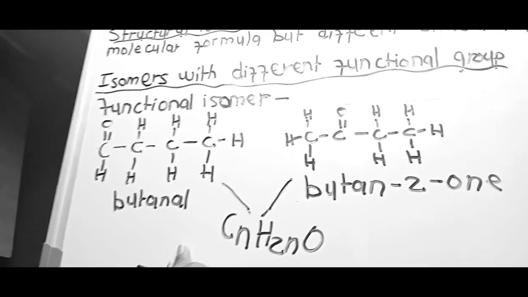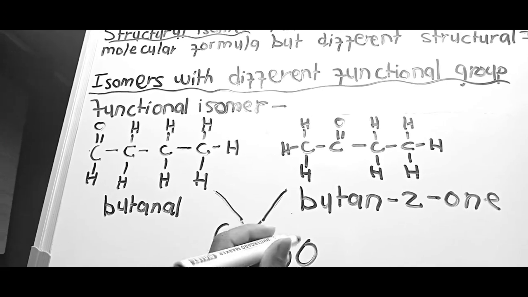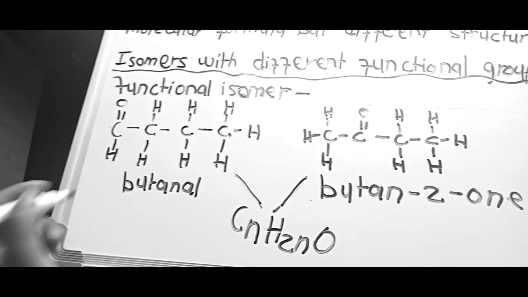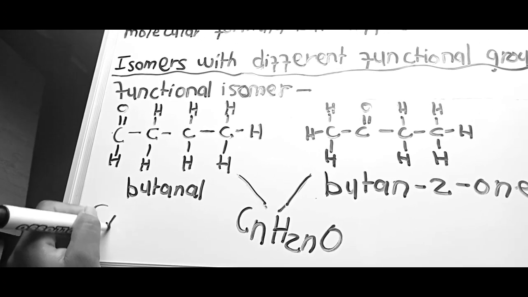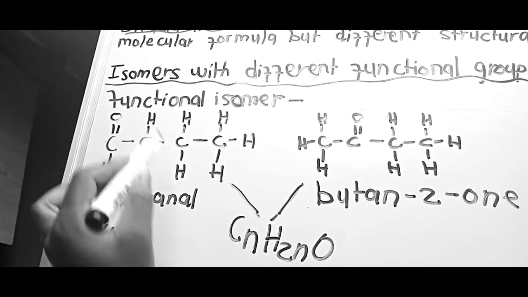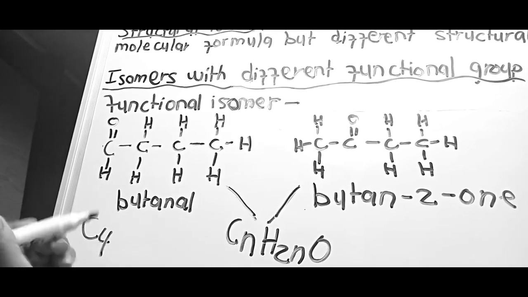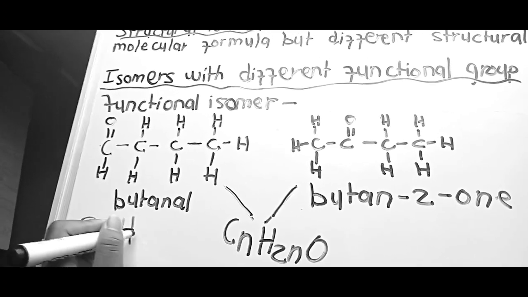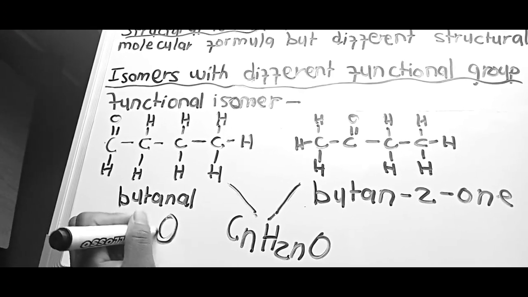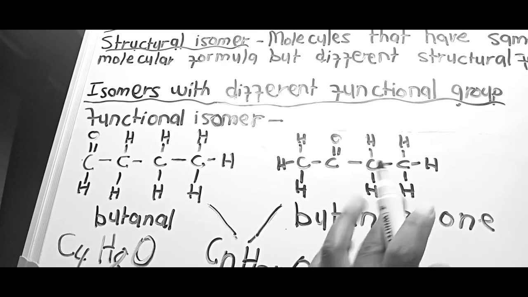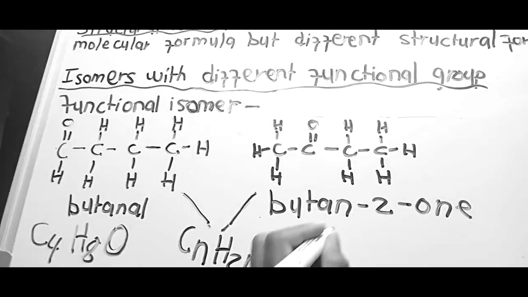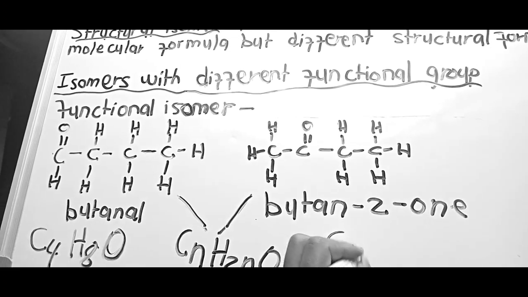So let's prove whether they have the same molecular formula. We have 1, 2, 3, 4 carbons. It's C4. How many hydrogens? It's 1, 2, 3, 4, 5, 6, 7, 8. H8 and 1 oxygen, right? So on butan-2-one we have 1, 2, 3, 4, C4.